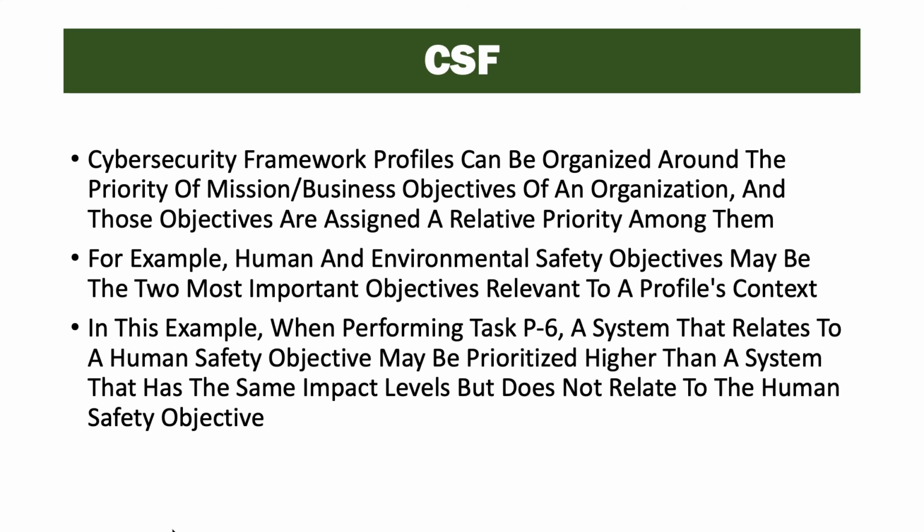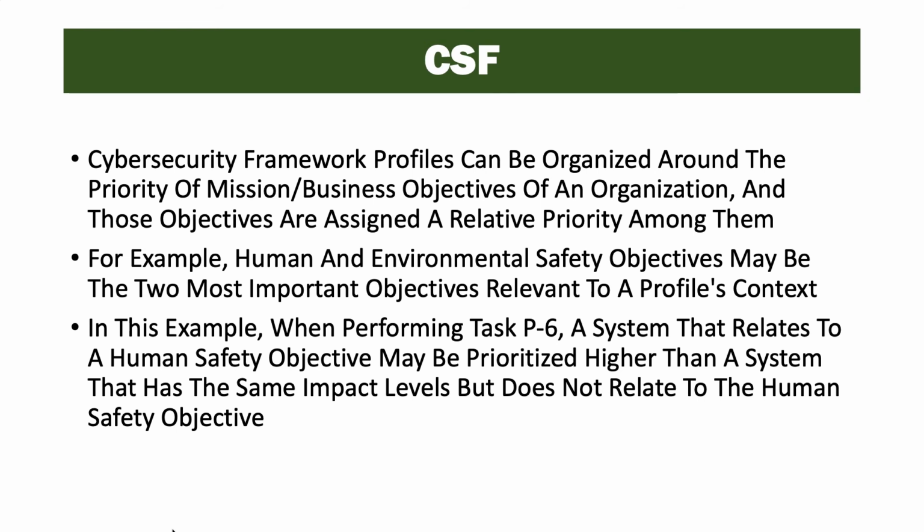For example, human and environmental safety objectives may be the 2 most important objectives relevant to the profile's context. In this example, when performing task P6, a system that relates to a human safety objective may be prioritized higher than a system that has the same impact level but does not relate to the human safety objective.